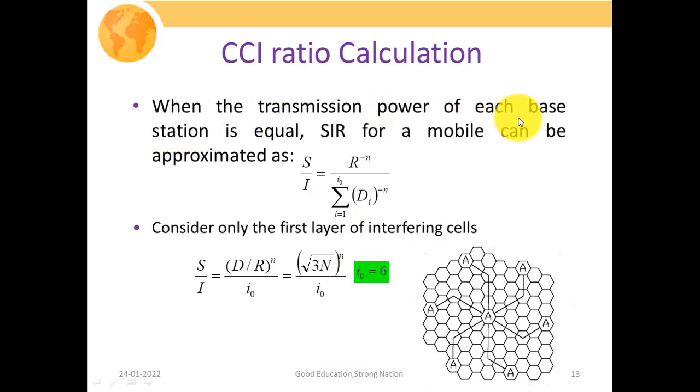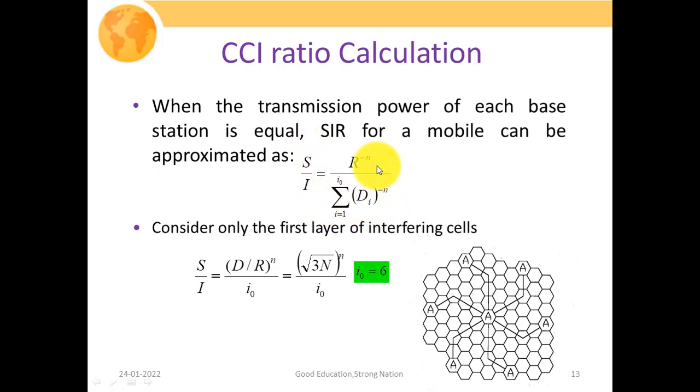When the transmission power of each base station is equal, the signal to interference ratio for a mobile can be approximated as R to the power minus n over the summation, i from 1 to I0, of di to the power minus n. That is, the signal power is proportional to R to the power minus n, and the interference power is proportional to the distance of the co-channel cell to the power minus n, where n is the exponent, and the reference point d0 cancels out.